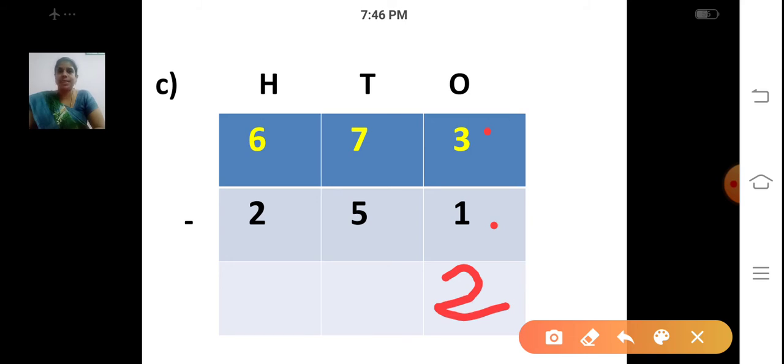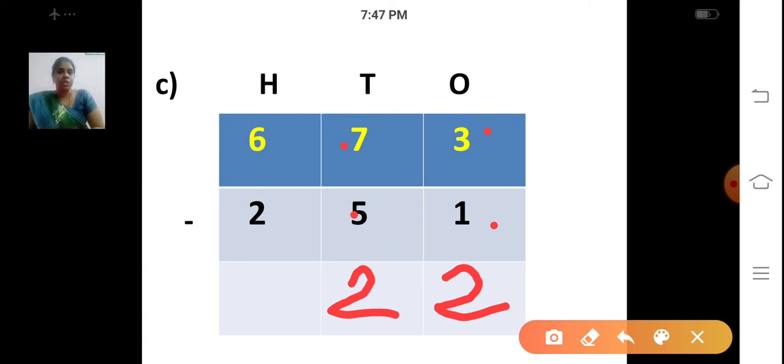Now let's subtract the tens place. 7 tens minus 5 tens. 7 minus 5. After 5, 6, 7. So 2 tens. Write down 2. Let's move on to the hundreds place. 600 minus 200.